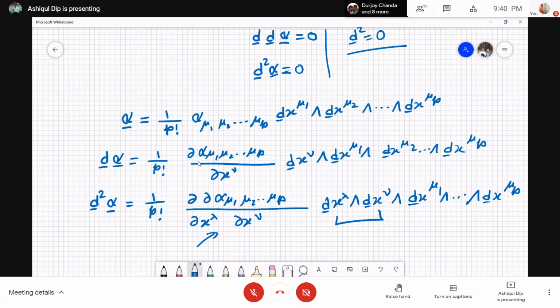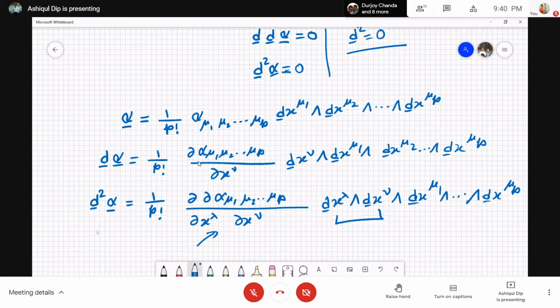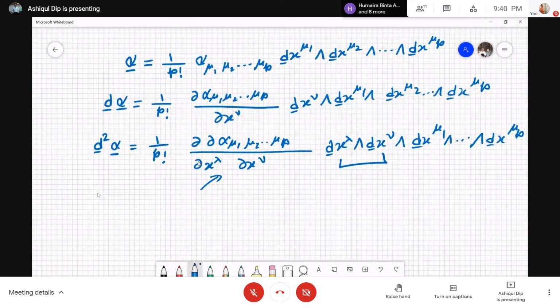What should you get? Do I need to show it explicitly, or can you see it's 0?